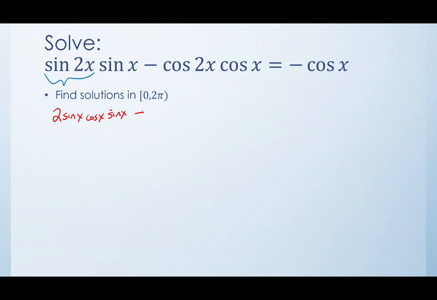Now, I'm going to make an educated guess here because there's all cosine terms in this one and all cosine terms in this one. And we see that we're going to have a sine squared here. We could get rid of the sines if we wanted to. So I'm going to use, for the cosine 2x, the 2 cosine squared x minus 1 double angle identity for cosine 2x.